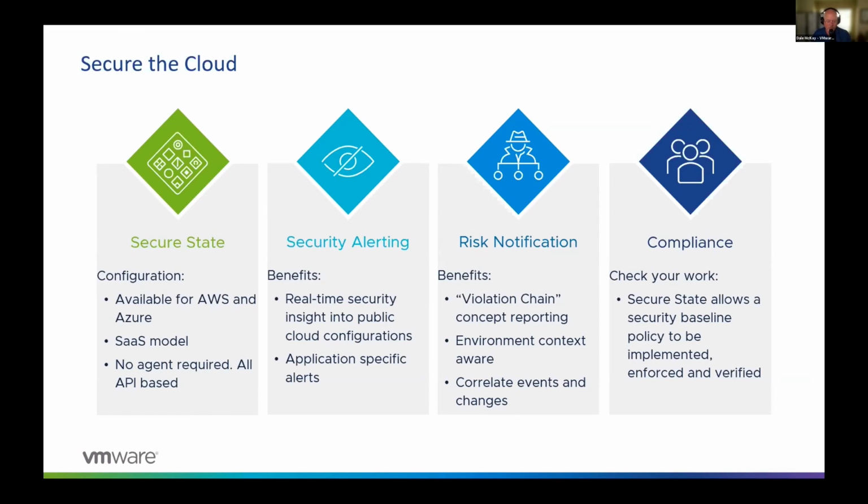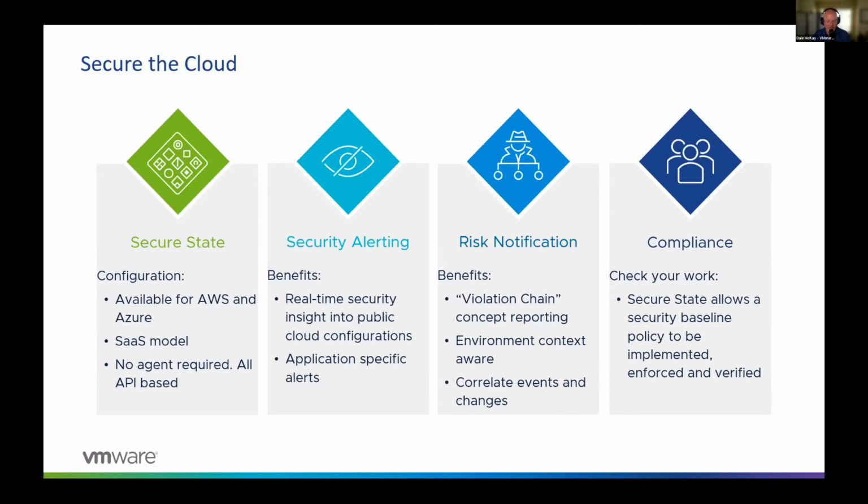So in a quick recap, we started at the ESX host. We talked about how you might go about securing that ESX host. Then we talked about how I might secure the network using NSX. Then we talked about how I might secure my workloads or my application using Carbon Black Workload.